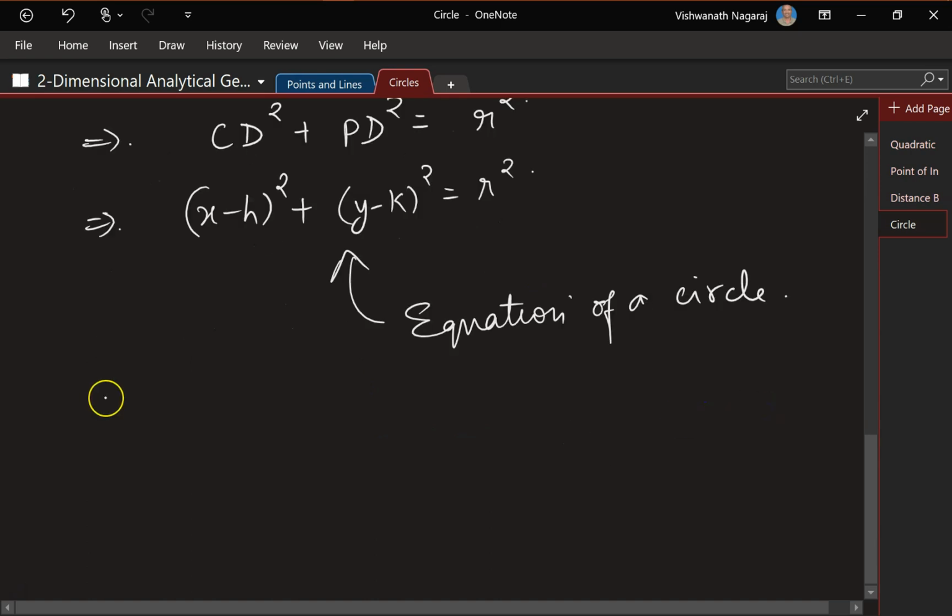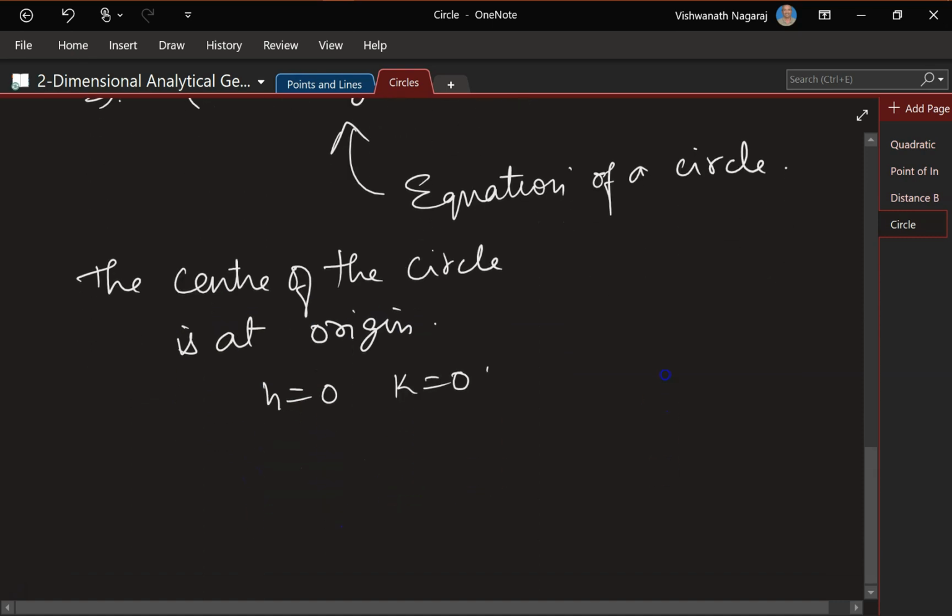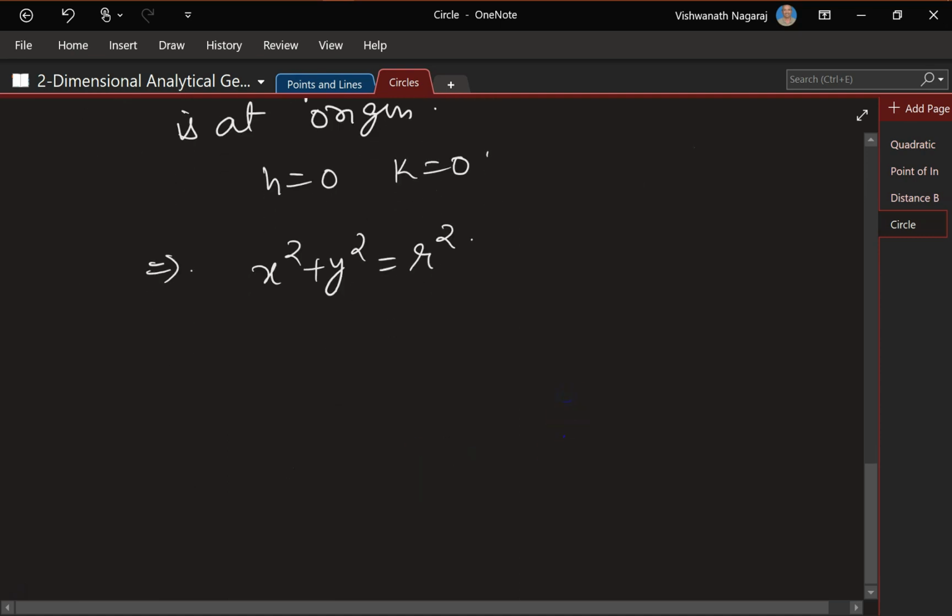Now if the center of the circle is at the origin, then h equal to 0 and k equal to 0, which means x square plus y square equal to R square. Now let's take a particular case.